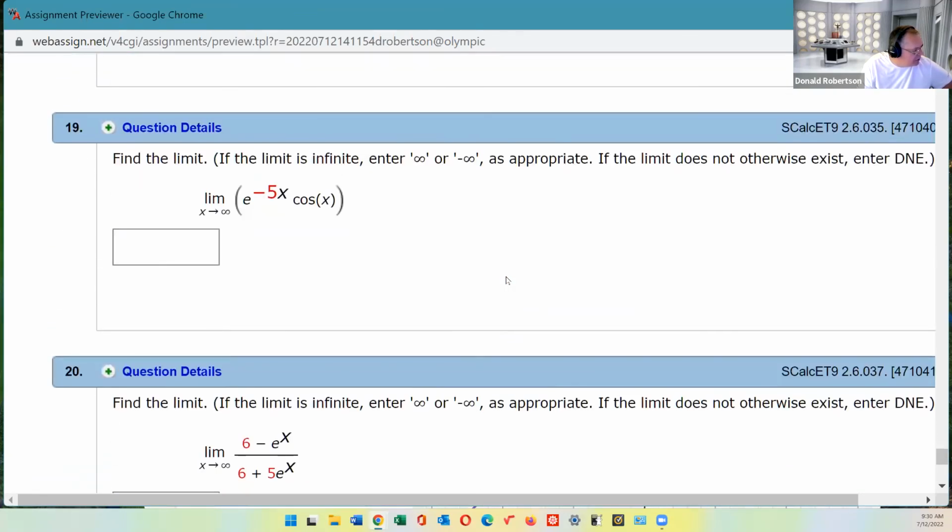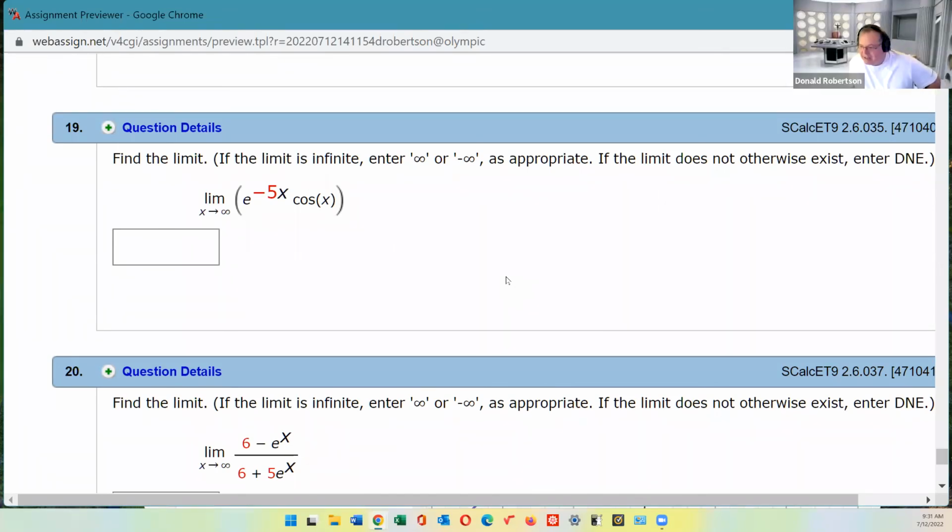And question 19. Never seen this guy before. Any suggestions? So with e raised to the power of negative 5x, e raised to any power is going to be 0 when you take the limit.